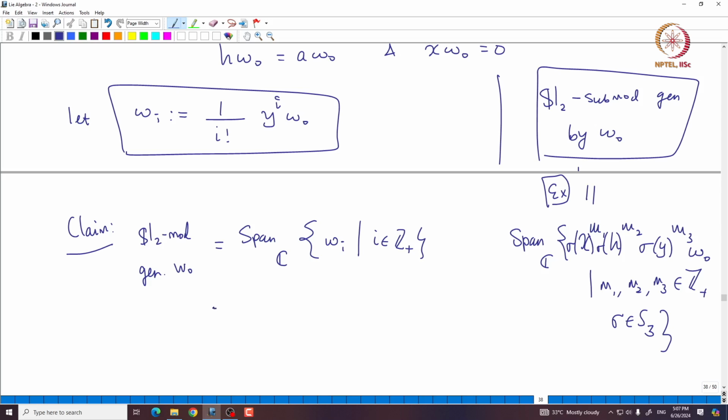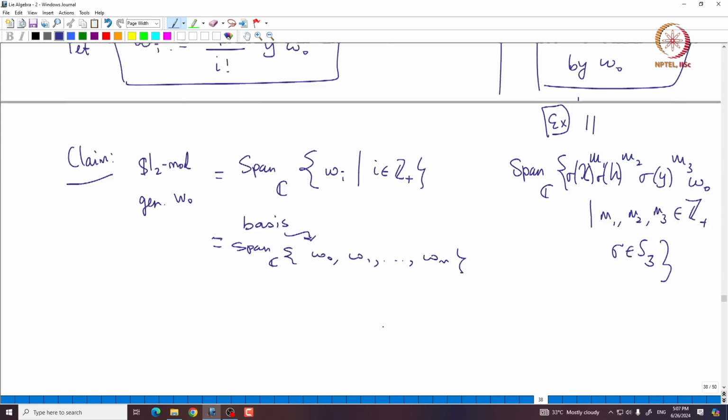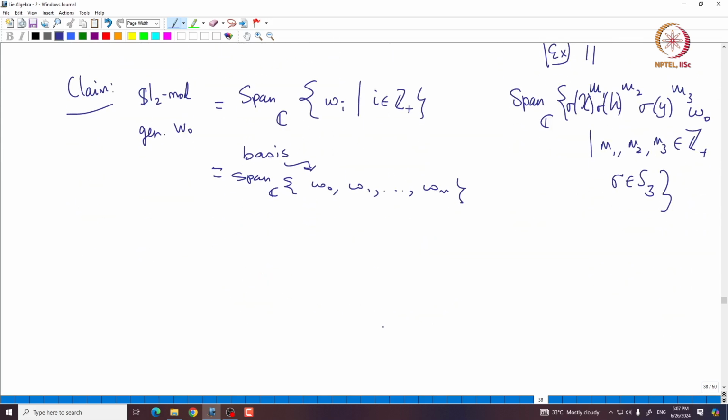Indeed, one can prove a much stronger statement: the basis of this is W naught, W 1, and so on up to W m. These Wi's are a basis of the SL2 submodule generated by W naught inside this capital V.